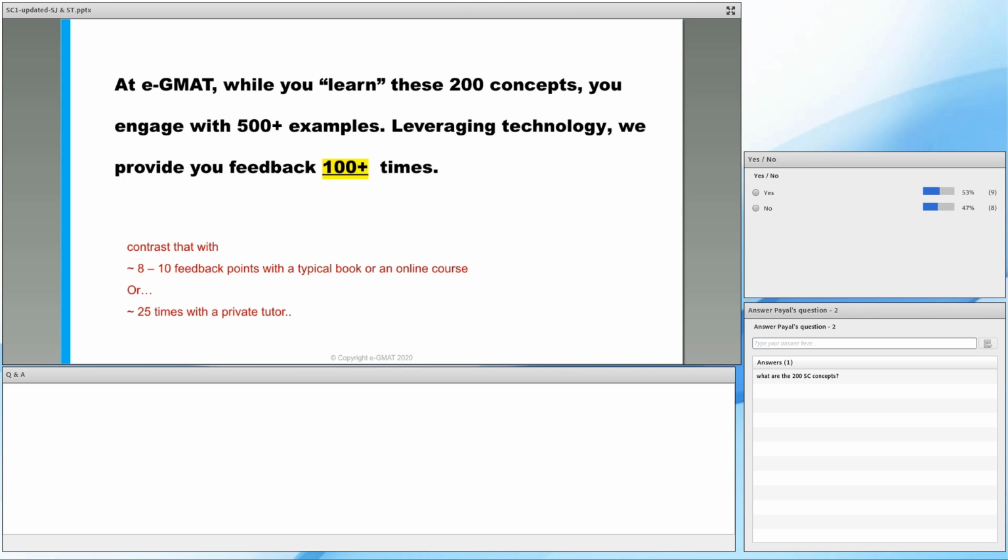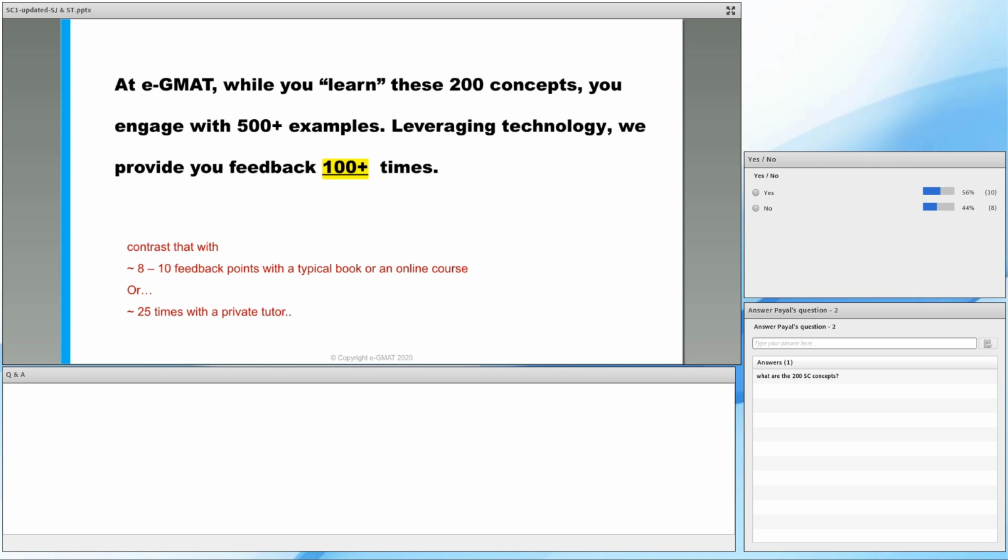So once you inculcate this feedback into your preparation, now you're not shooting in the dark. Now you have a proper idea of what are the things that you need to work upon, and those 35 hours that I was talking to you about now go in a very channelized manner in the right direction. And we are very much interested in getting you to the target score that you want to achieve in the shortest possible amount of time.